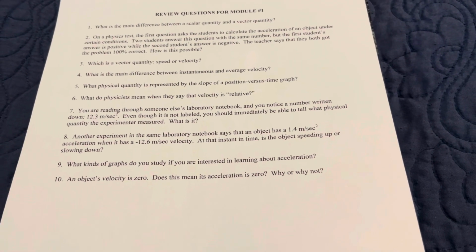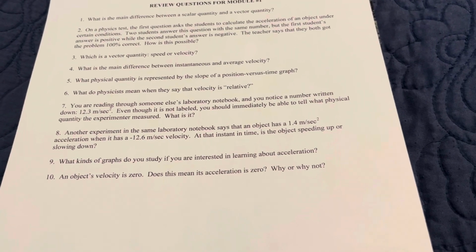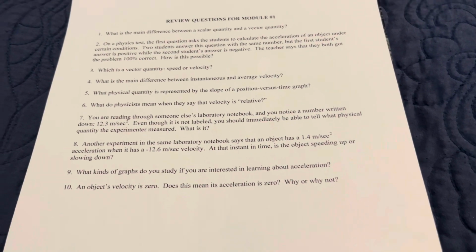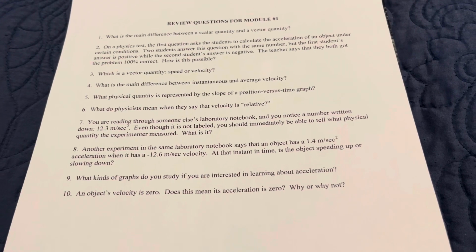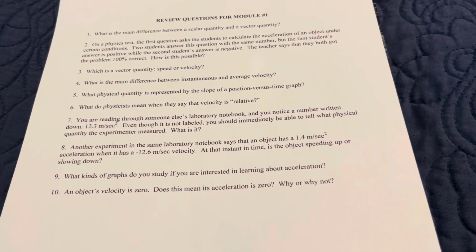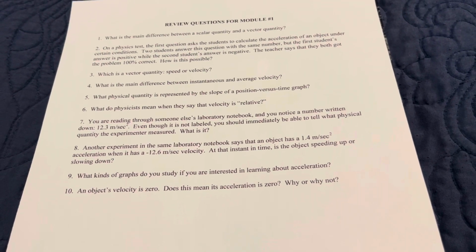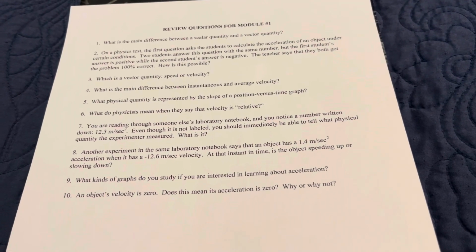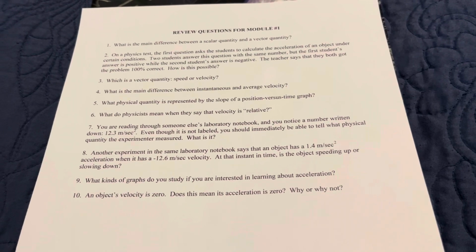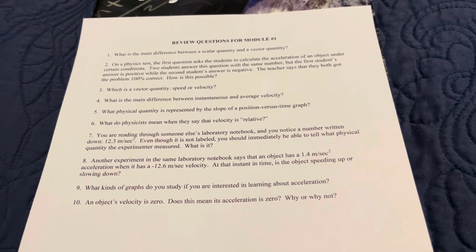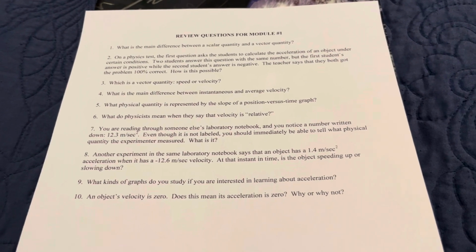Number 3, which is a vector quantity, speed or velocity? That would be velocity. Number 4, what is the main difference between instantaneous and average velocity? Remember, average velocity is measured over a finite time interval, while instantaneous uses an infinitesimally small time interval, right?